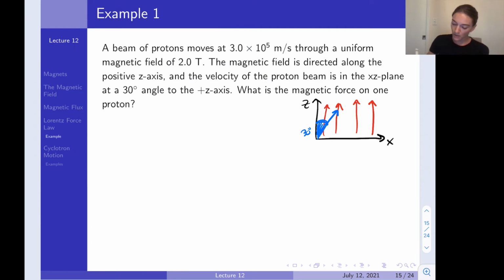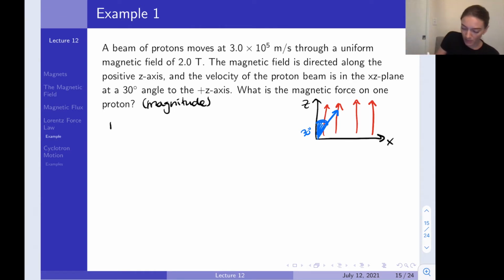Okay, so we want to find the magnetic force on the proton. I actually meant to write just the magnitude here. So we want to just find the magnitude of this magnetic force on a proton in this proton beam. A proton beam just means a collection of protons moving in some direction.